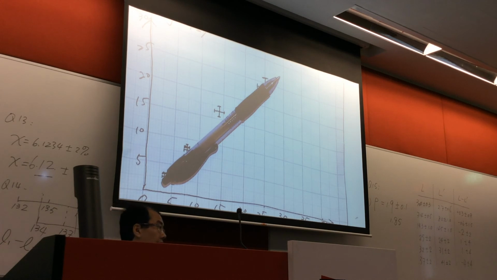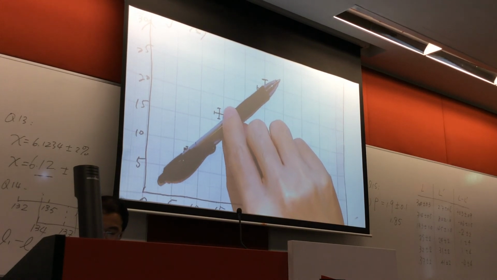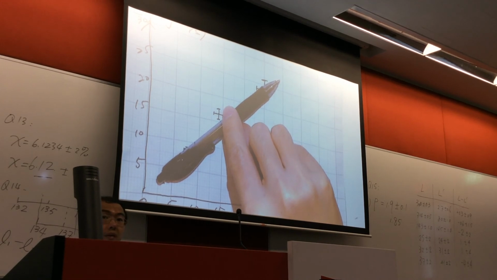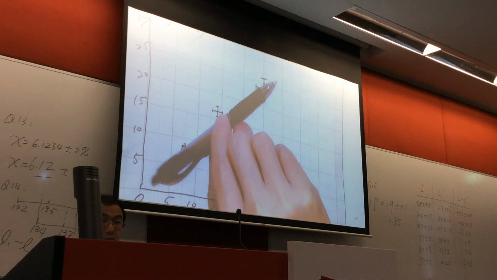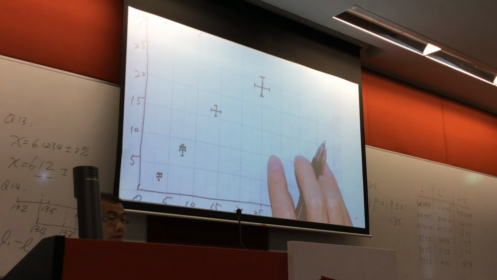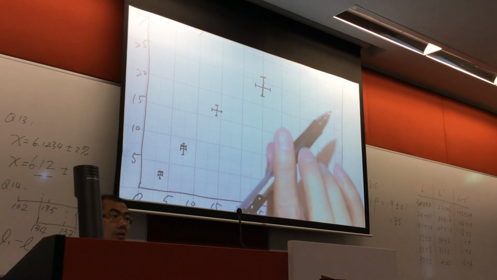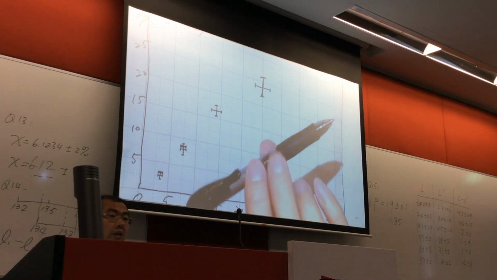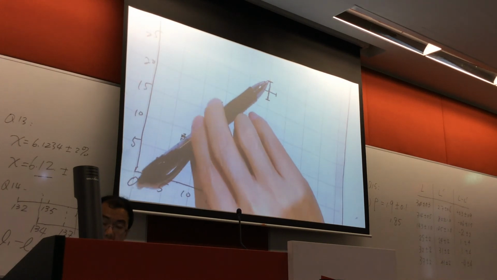In theory, this line should pass through the origin. But if your measurement has some issues, then it won't pass through the origin. Because the conservation of momentum tells you the initial momentum and final momentum need to be the same, so by right, this line should pass through the origin.